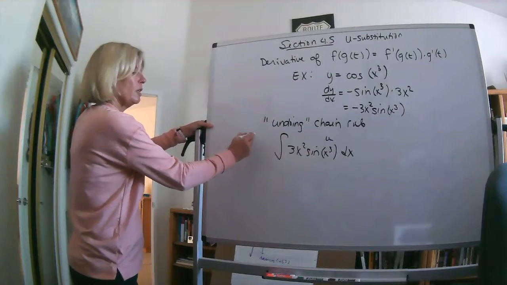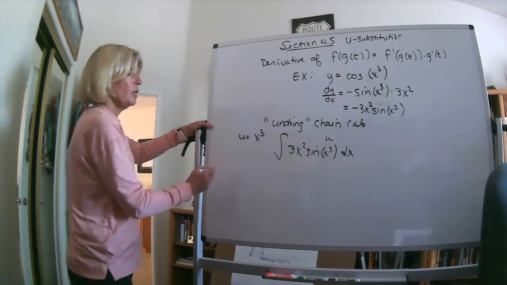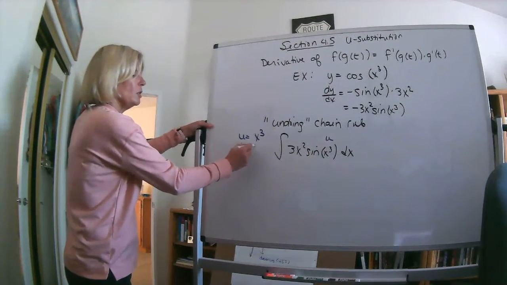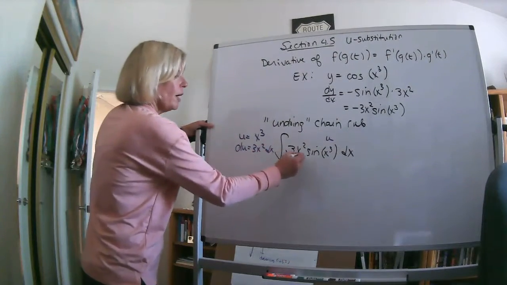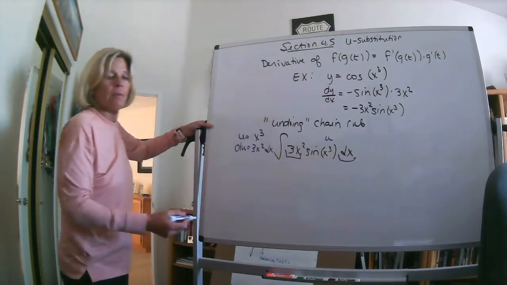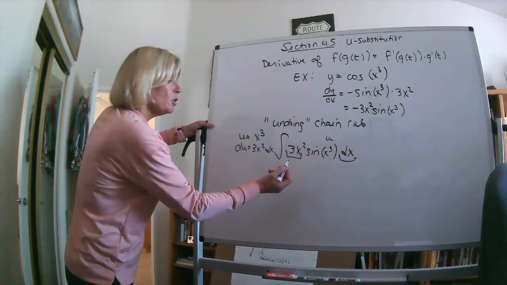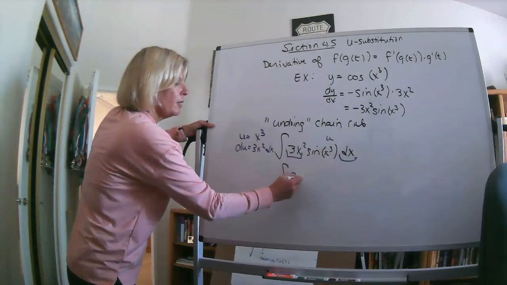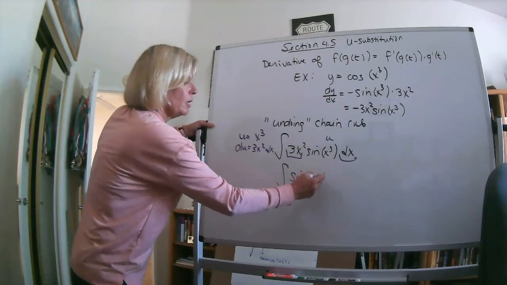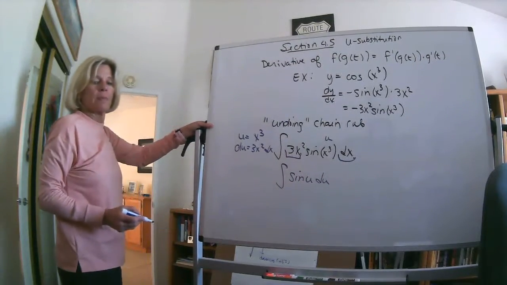If u is x cubed, then du is 3x squared dx. Oh, I have that exactly here. So I'm going to just rewrite this as the integral of sine of u du.